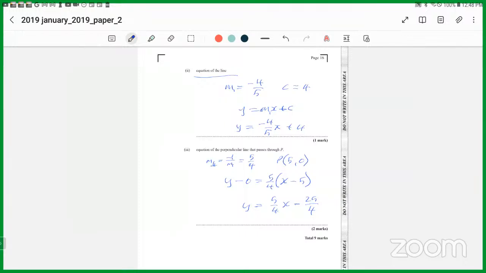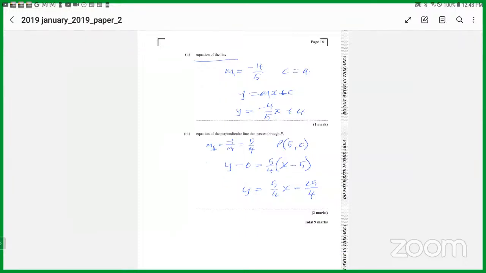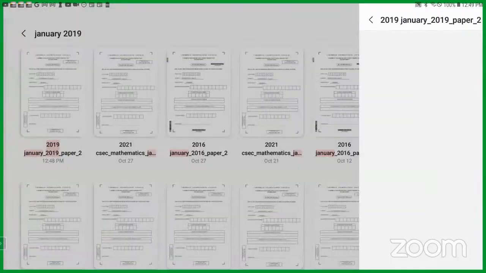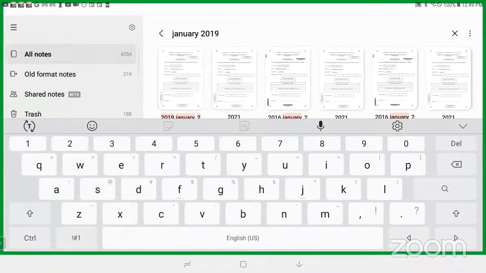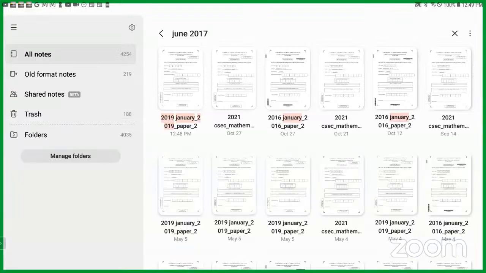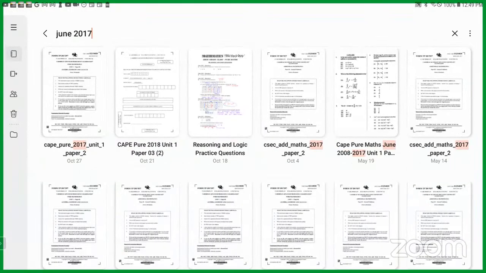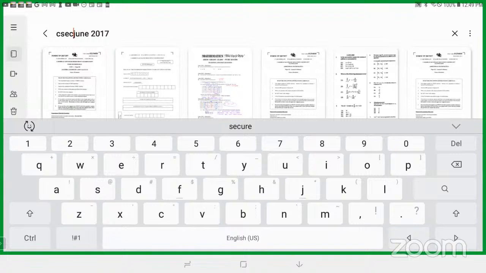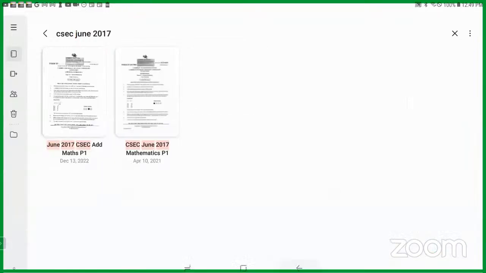The next one I gave was May 2017. Let's look for it. It's in there somewhere. June 2017. All right, 2017, CSEC Paper 1.